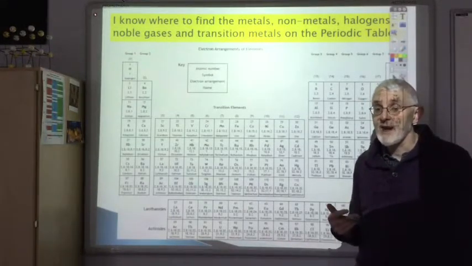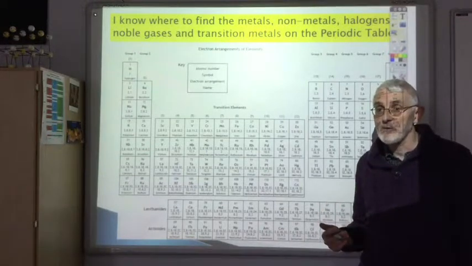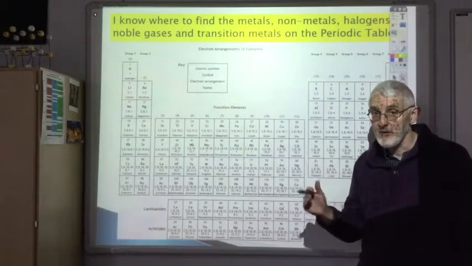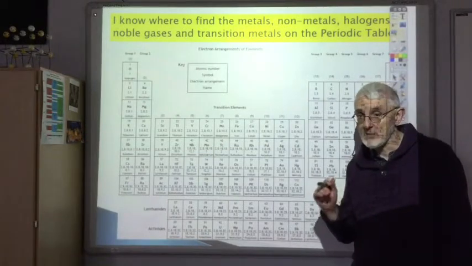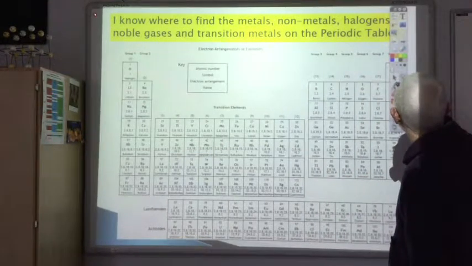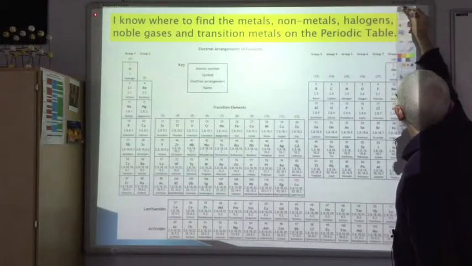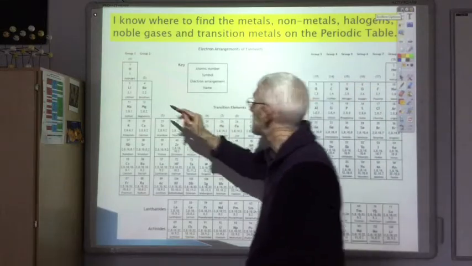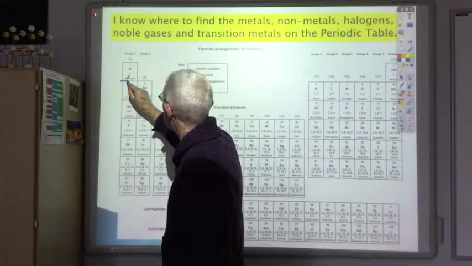But unlike National 5, you don't actually have a periodic table in your data booklet which splits the periodic table into the metals and non-metals. So it's important that you're able to do that yourself. Everything above this line are non-metals. So hydrogen's a non-metal.